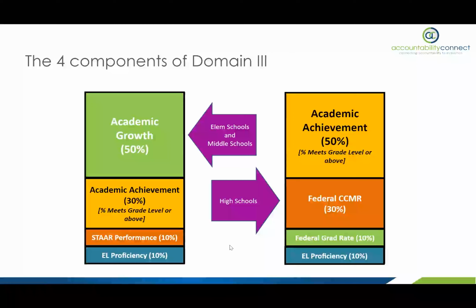For high schools, we see our federal CCMR piece, while elementary and middle school have the STAAR performance. That is your domain 1 score: however you did in domain 1, your overall STAAR performance, comes back again in domain 3, whereas high schools will look at their federal graduation rate. And both columns have EL proficiency at the end, also known as TELPAS.